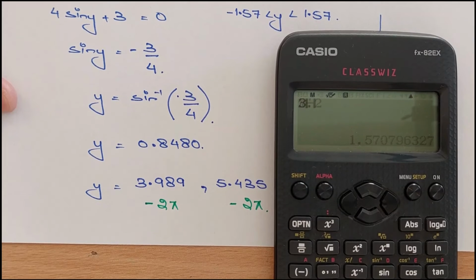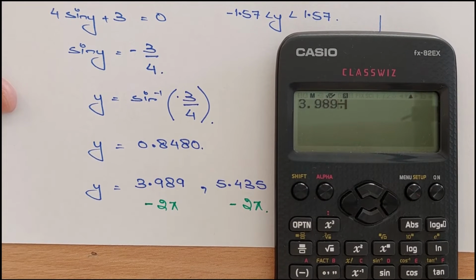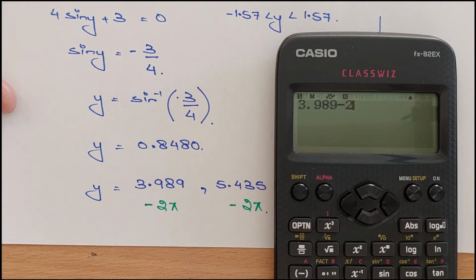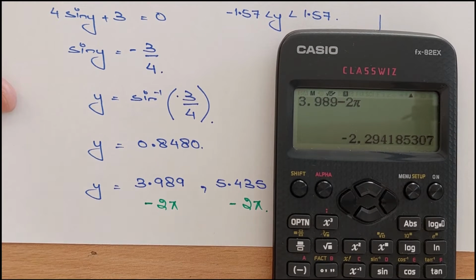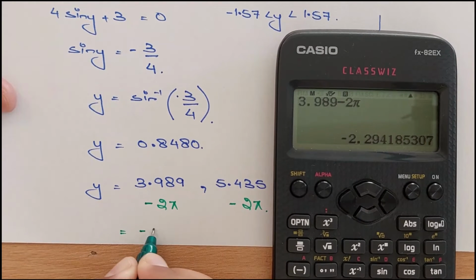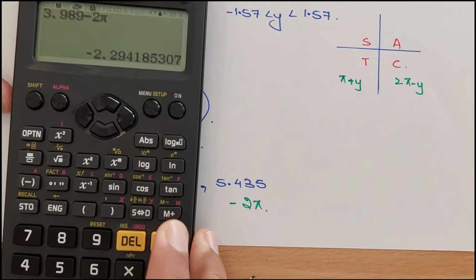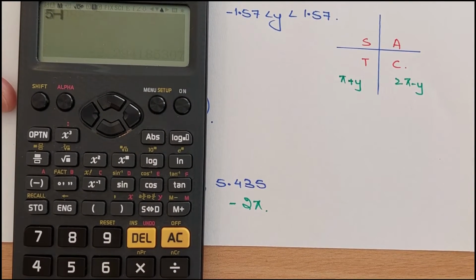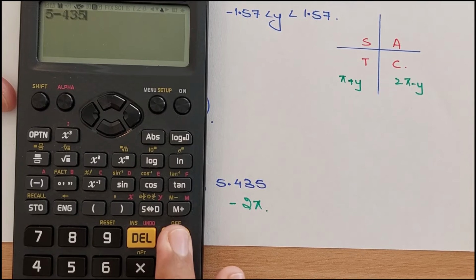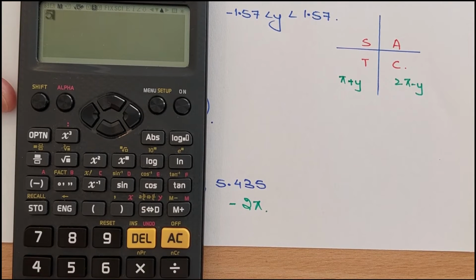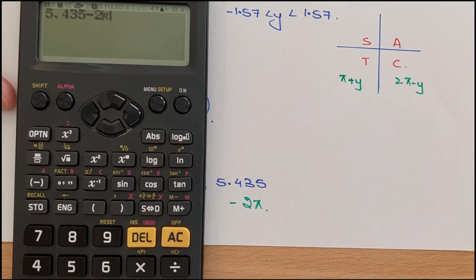Okay, so 3.989 minus 2 pi equals negative 2.29. This also does not belong to the domain, and we have 5.435 minus 2 pi.